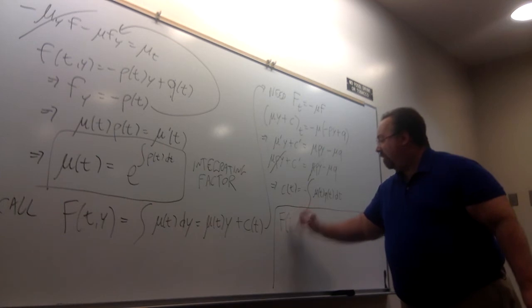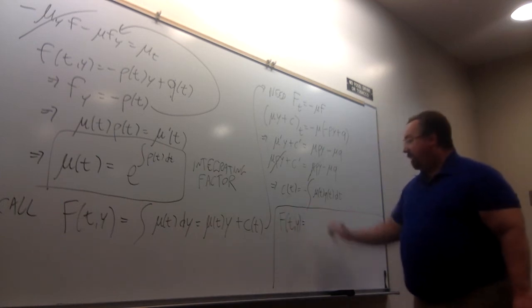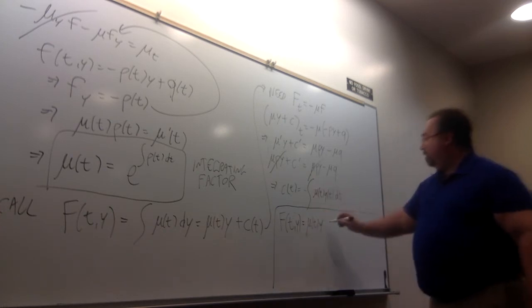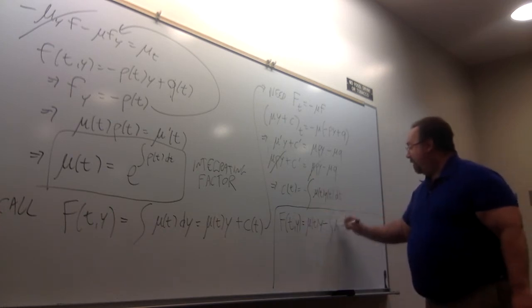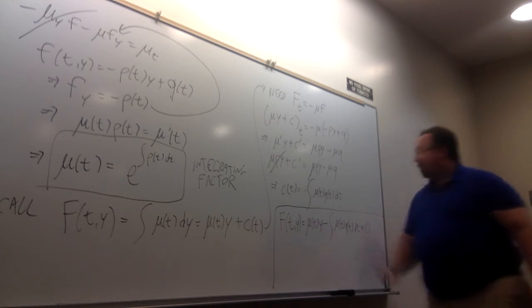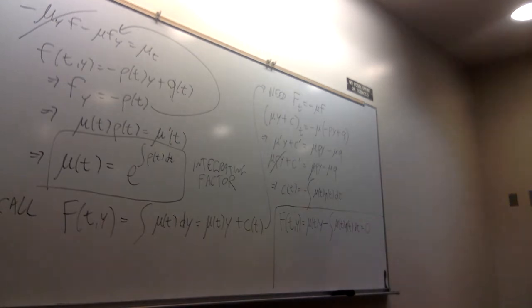The solution is described by this equation, big F of t, y, which is mu of t y minus the integral of mu q dt is equal to 0. That is an implicit solution.